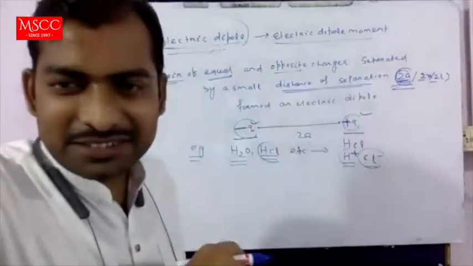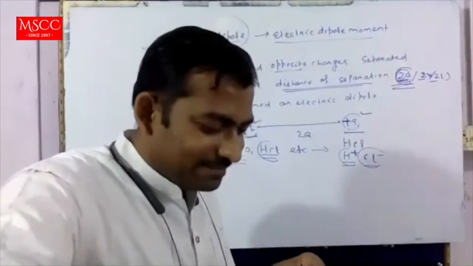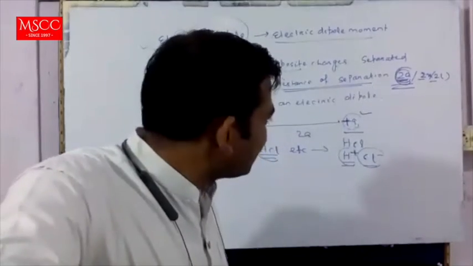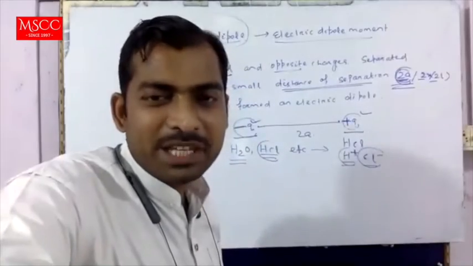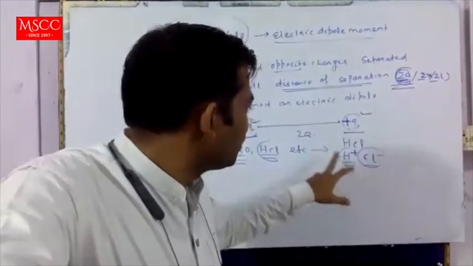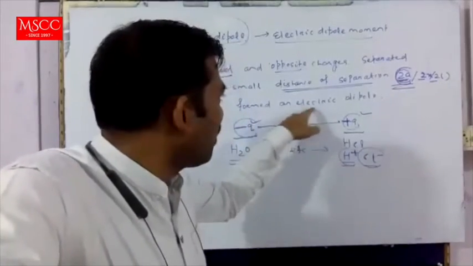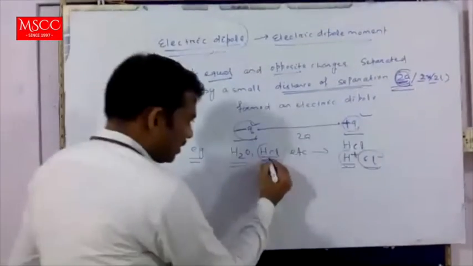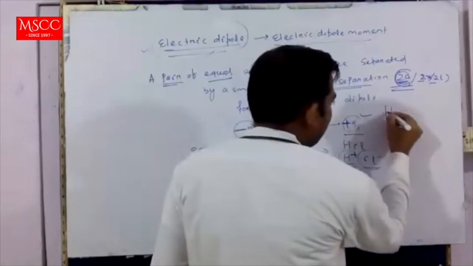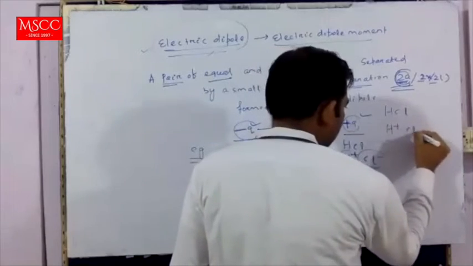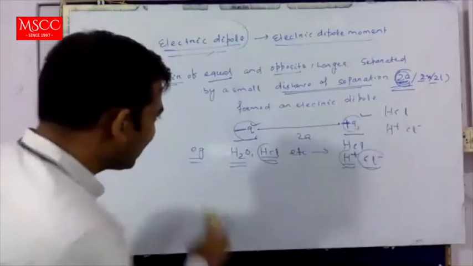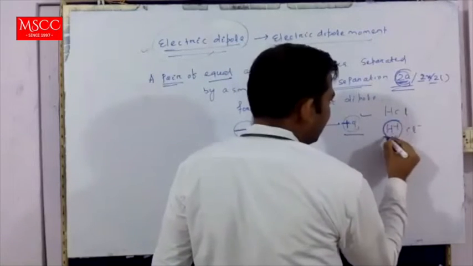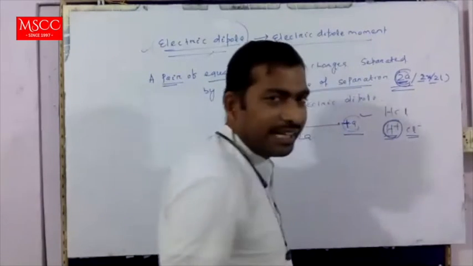In chemistry you may already have been asked about electric dipole, with just hints about how H2O and HCl form an electric dipole. In HCl, H is plus, Cl is minus.